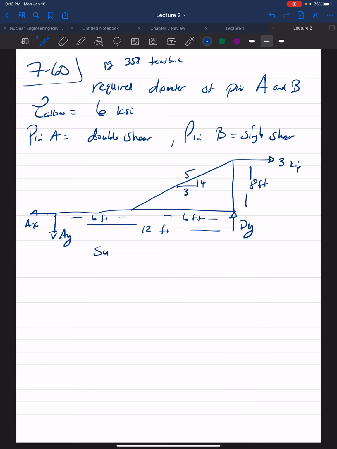So for my support reactions, I'm going to take some of my moments about point D equals 0 for equilibrium. AX lines of action goes to point D, so there's no perpendicular distance. AY causes a counterclockwise positive rotation. AY, perpendicular distance to D, is 12 feet. Minus the 3 kip horizontal force at the top, which is causing clockwise rotation about point D. So it's minus.